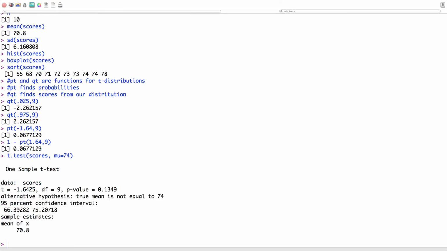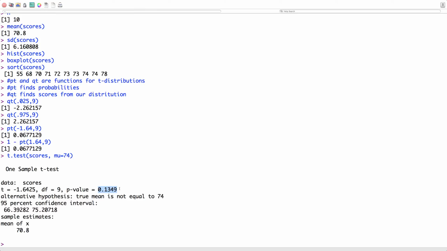Look what happens. Look familiar? This is our test statistic, degrees of freedom, and our p-value. I think ours was off a little bit, but again, we used rounding. It's off maybe 5/10 thousandths or something.